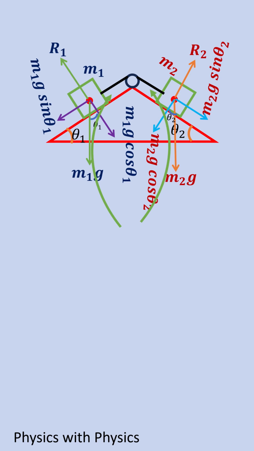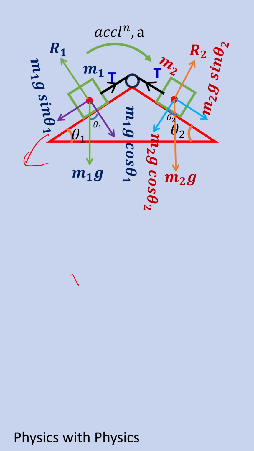The tensions, T, act away from the bodies, and they are equal. The direction of acceleration is rightward. Now, on which side will the body be moving? On this side or on this side?